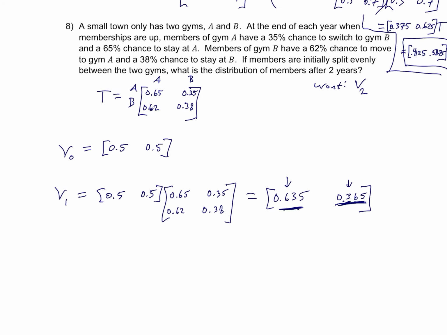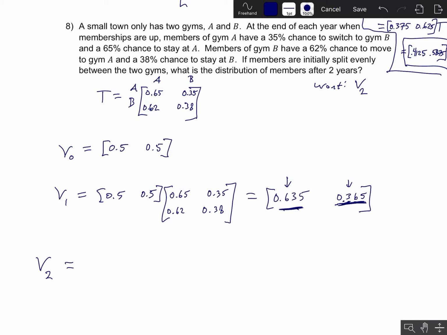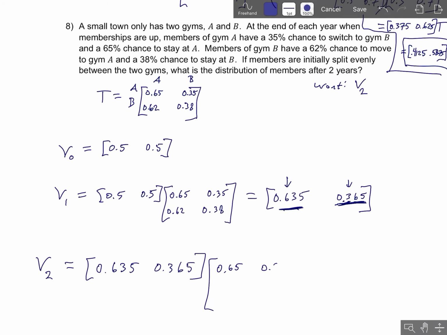So this is the state at time 1, and now if we want the state at time 2, we can just take the state at time 1, which we just found, and transition again. So I'm going to multiply by the transition matrix one more time. When I compute this product, what I end up getting is 0.63905.